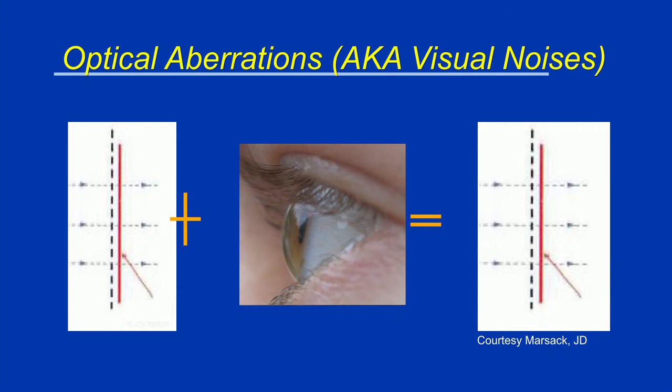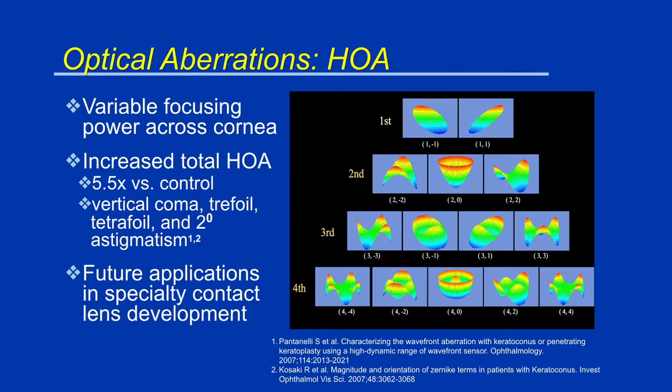So we know that these higher order aberrations, or the visual static, visual noise that we've been talking about, is one of the main reasons that keratoconus patients need contact lenses, as well as why they have a decline in their visual function. It's been estimated that this noise is about 5.5, almost 6 times more in keratoconus patients versus people without keratoconus.